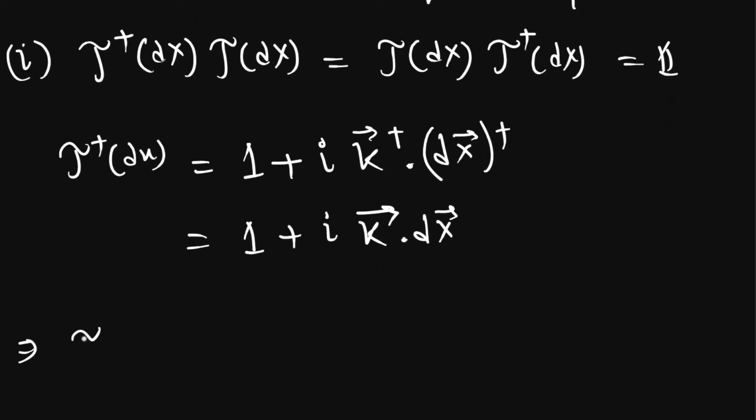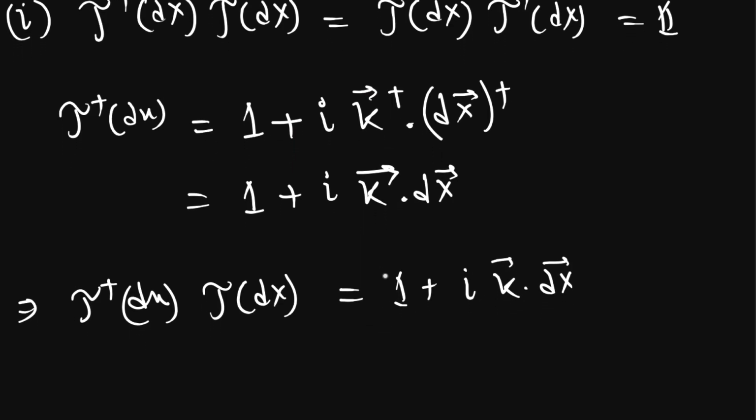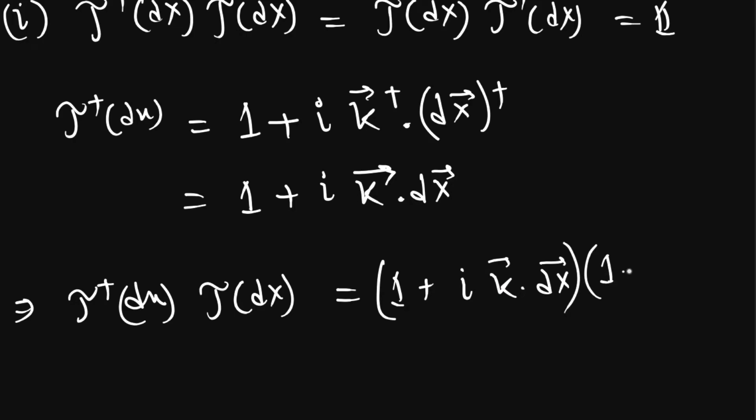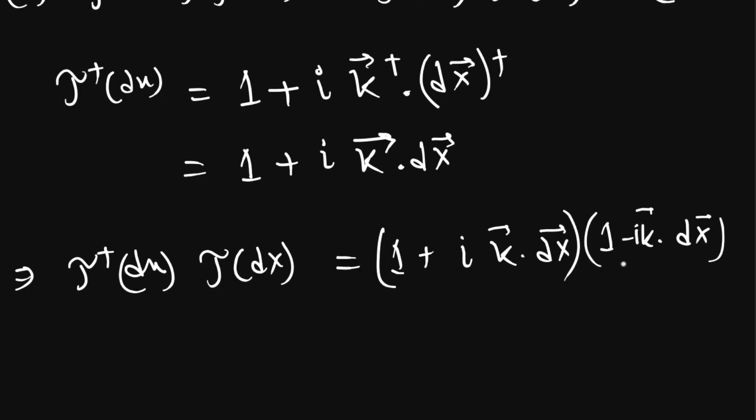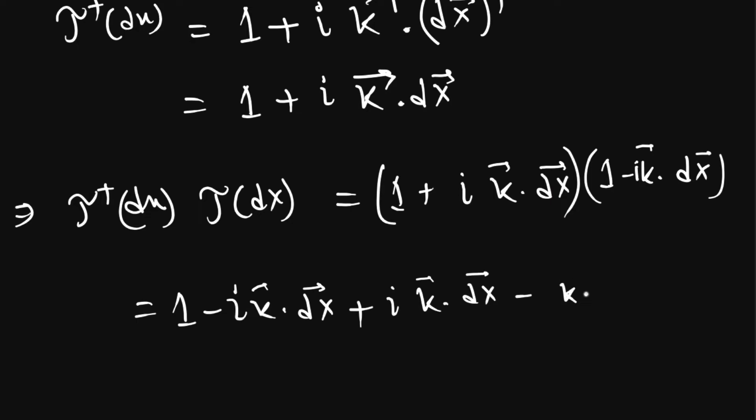Now tau dagger dx into tau dx equals 1 plus i k dx into 1 minus i k dx, which is equal to 1 minus i k dot dx plus i k dot dx minus k dot dx squared.